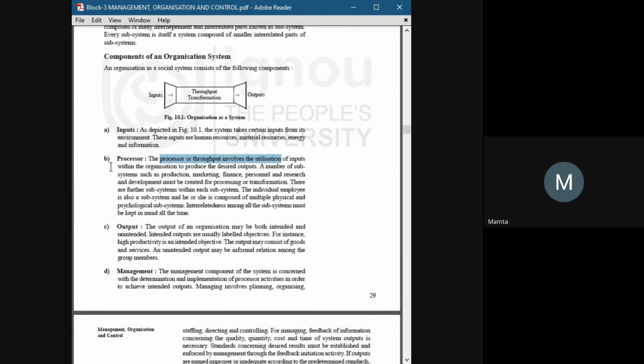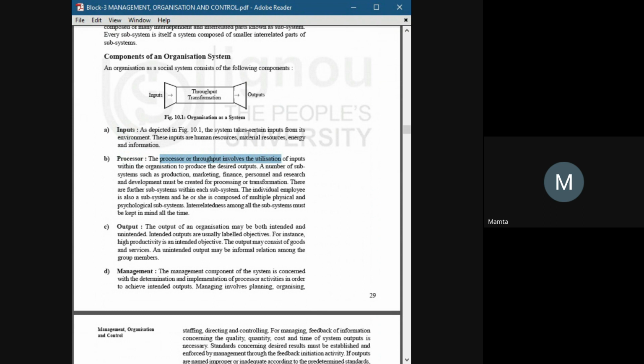A number of subsystems such as production, marketing, finance, personnel, and research and development must be created for processing or transformation. There are further subsystems within each subsystem. The individual employee is also a subsystem, composed of multiple physical and psychological subsystems. So that's what happens in a processor.